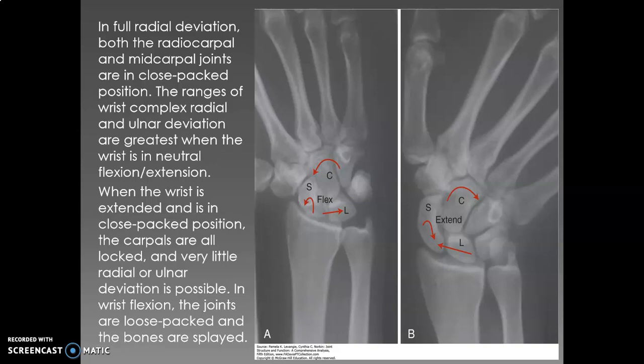The only good movement is possible in neutral rest. Don't forget this ever. Radial and ulnar deviation is possible in a good way only in the neutral position of the wrist.